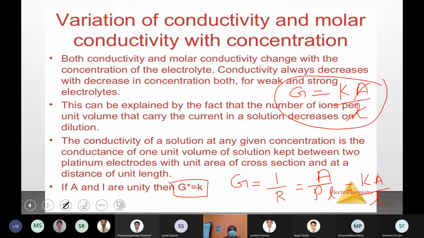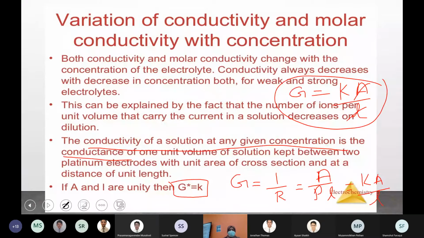That is why the definition of conductivity is that it is the conductance when length is unity and area of cross section is also unity, 1 centimeter square and 1 centimeter.